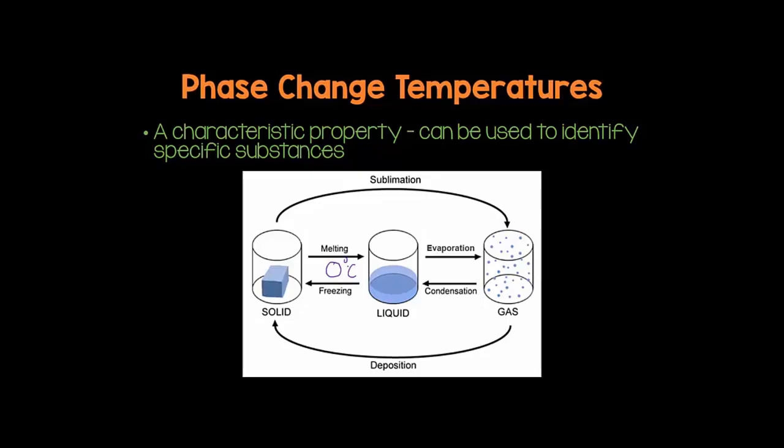So if you have ice and you add heat, it will start melting at 0 degrees Celsius. So if you think about it, the freezing and melting points of substances are going to be the same, including water. The freezing point of water is 0 degrees, but so is the melting point. Think about it. If it's below 0, if it's frozen and then it warms up, when it gets to 0, it starts melting.